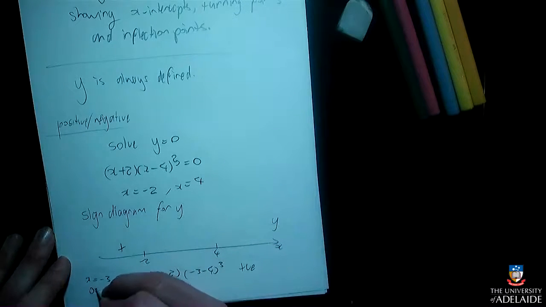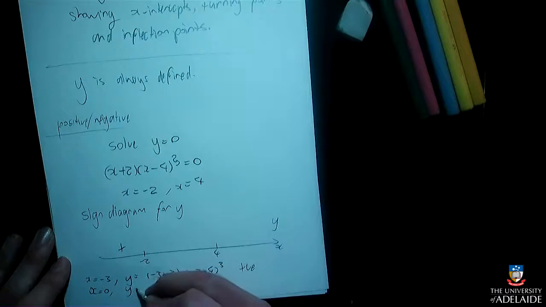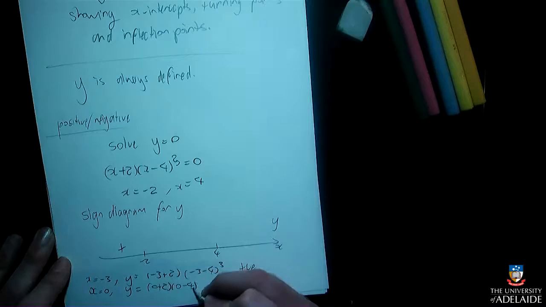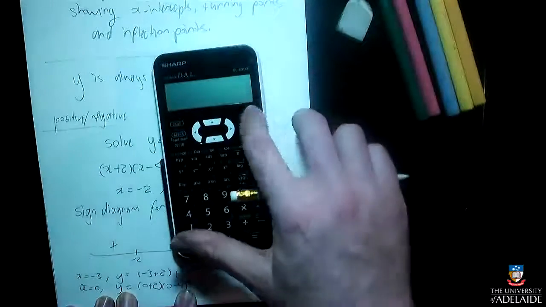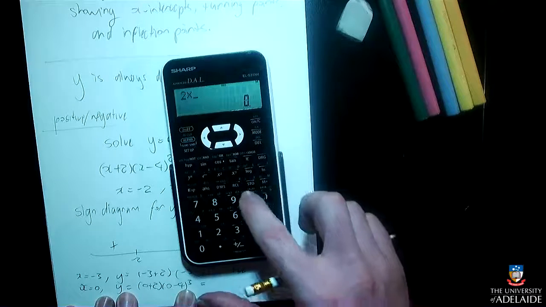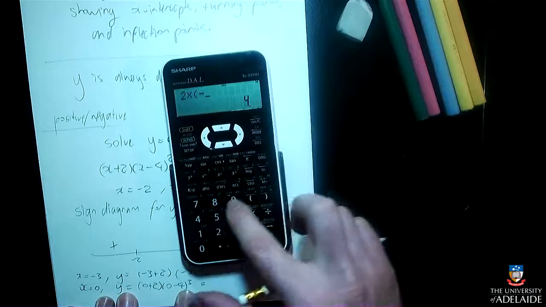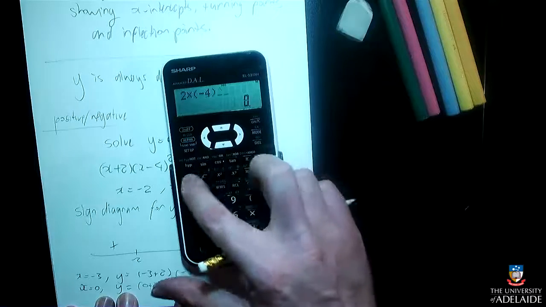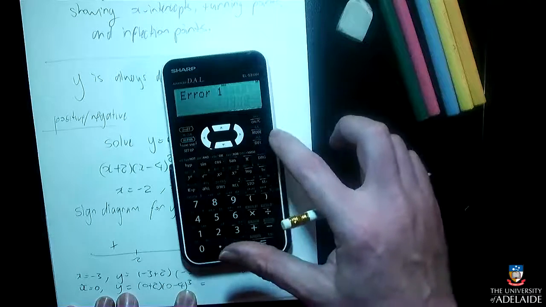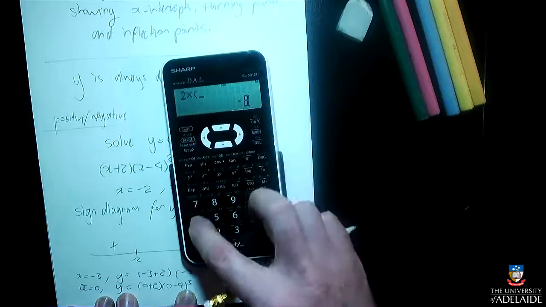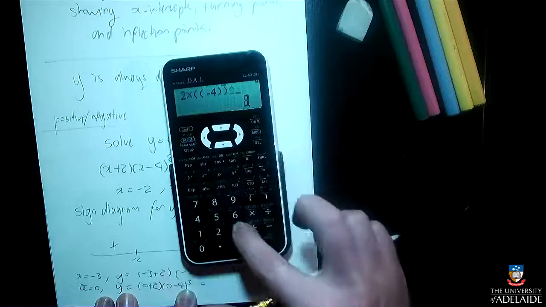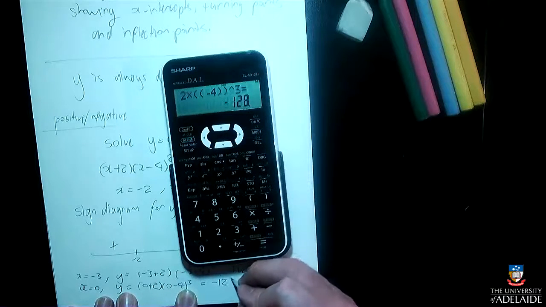And when x is equal to 0, y is (0 plus 2)(0 minus 4) cubed, so 2 times minus 4 cubed, minus 128.